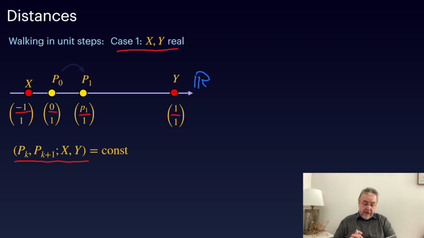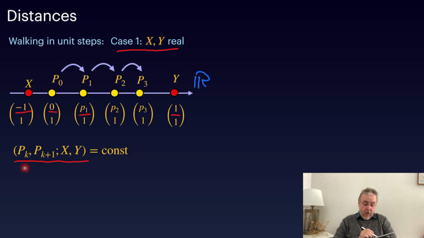So we want to consider a sequence of points P0, P1, P2, P3, and so on, with the property that from one point to the next one we have the same cross ratio. And without loss of generality, we may assume special coordinates for X, for Y, and for our point P0. So let's see what we get.